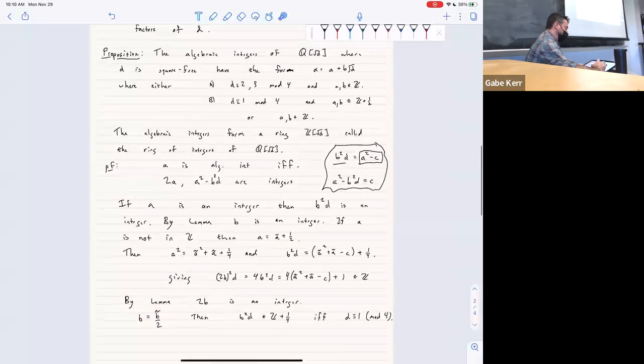Now we want to say that, okay, this is only going to happen if d is congruent to 1 mod 4. It can't happen if d is congruent to 2. Why is that?